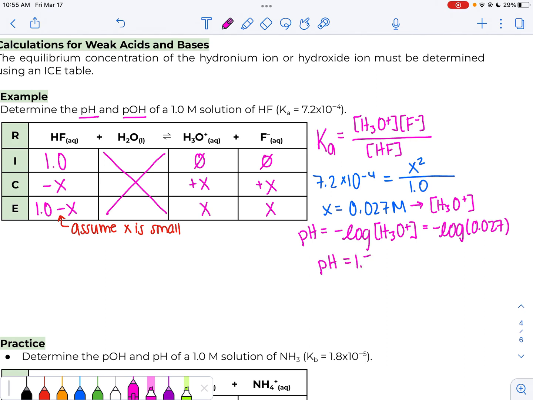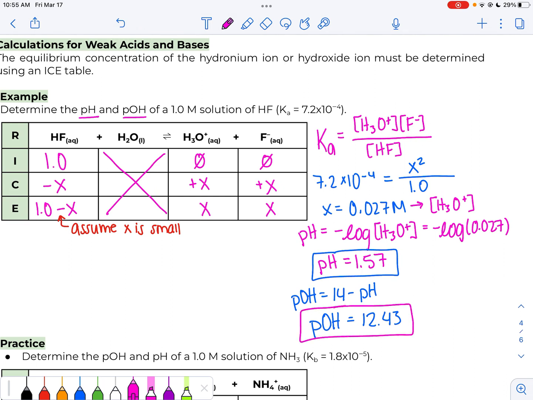Plugging this into our calculator, we get a pH value of 1.57. Cool. Moving on. pOH: I know that pOH is equal to 14 minus my pH value. So what I end up with is a pOH of 12.43. Box it. Done.